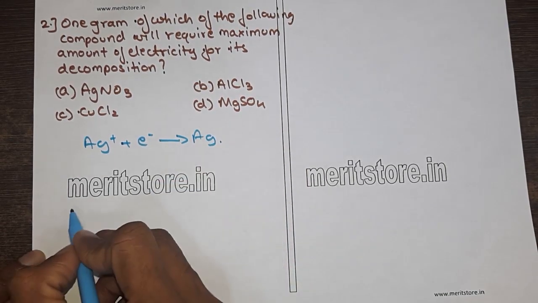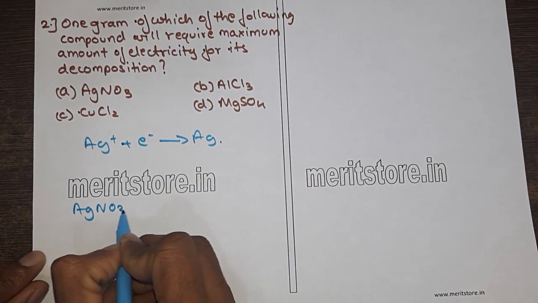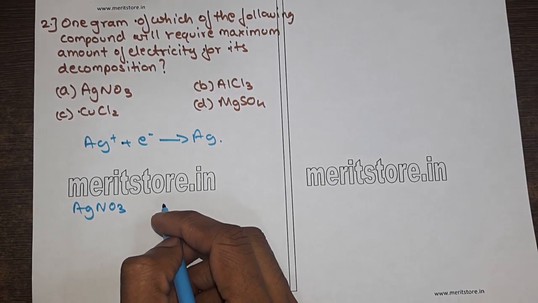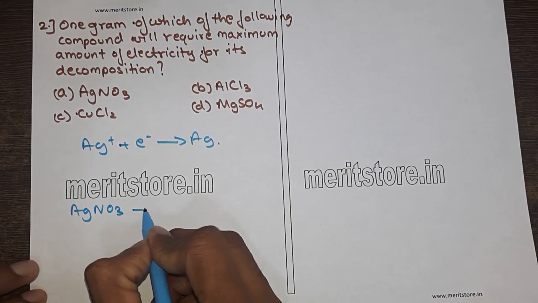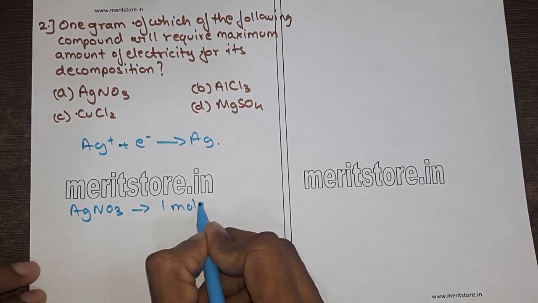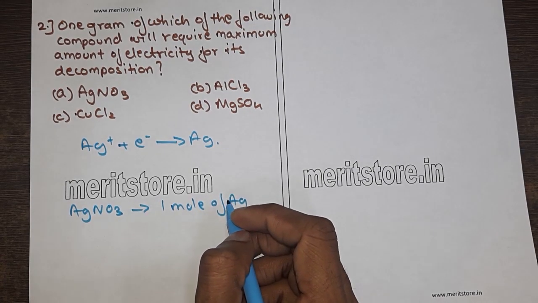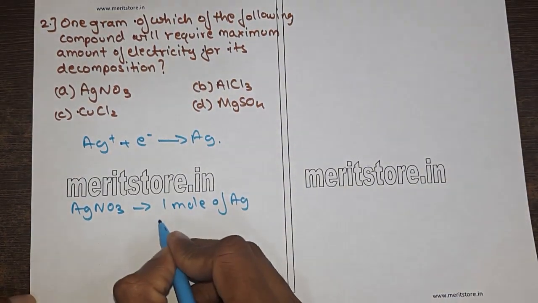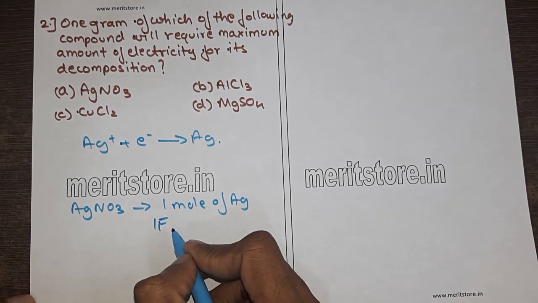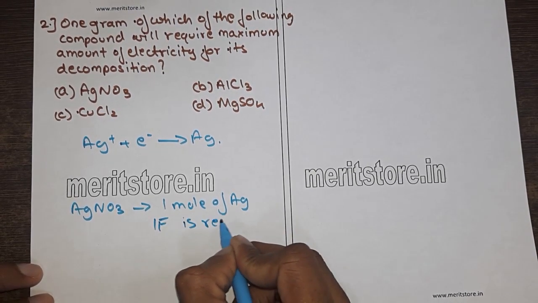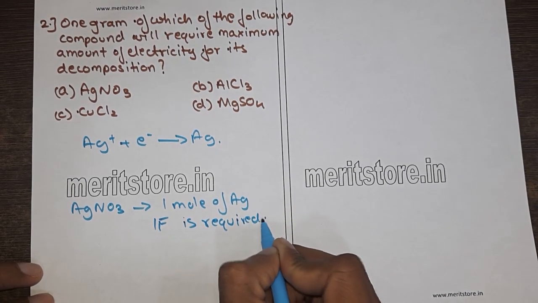So in AgNO3, to deposit 1 mole of Ag, one Faraday of electricity is required.